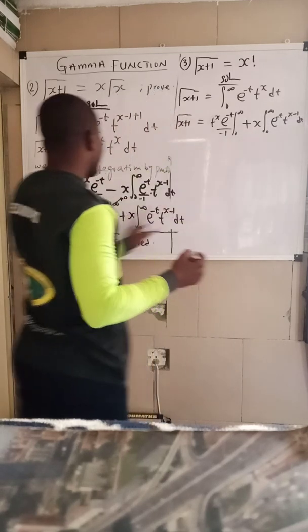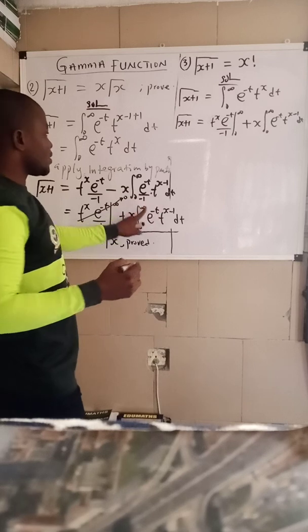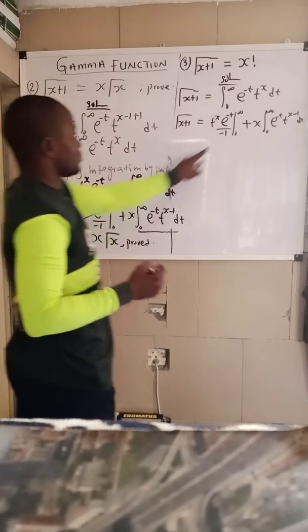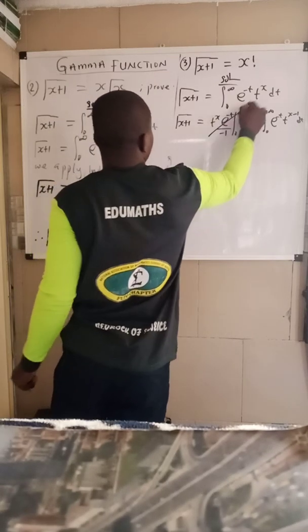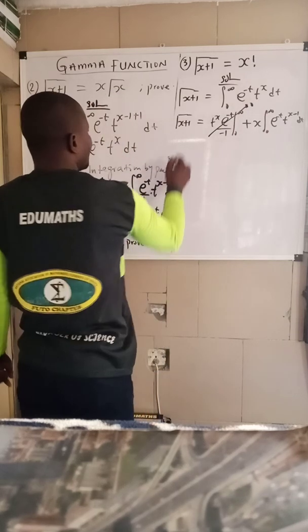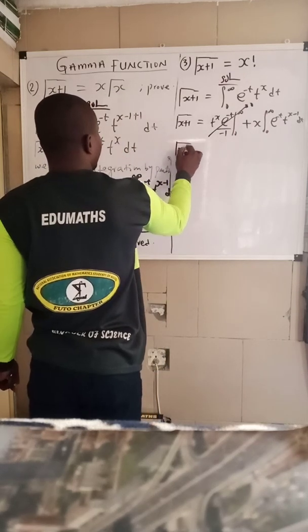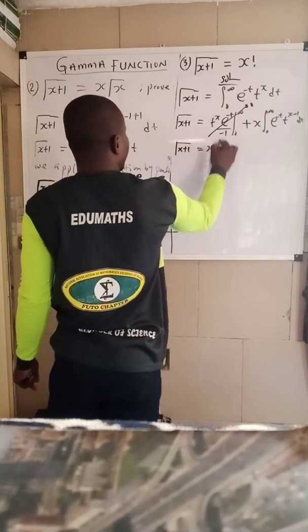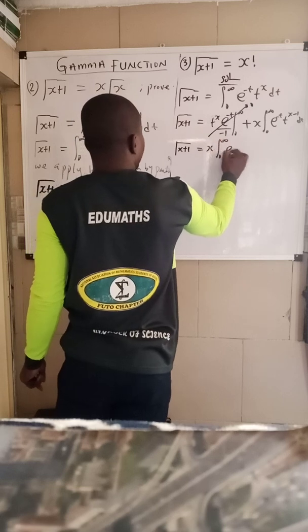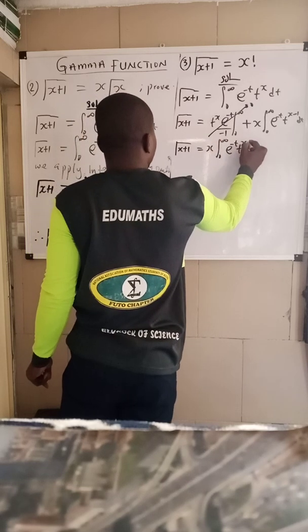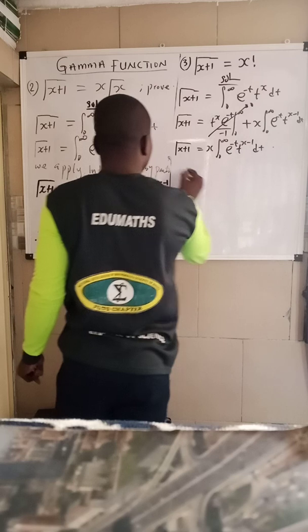I believe you know this. It's gotten from here. When we multiply this, it gives us this minus. So from here, this part will go to 0. So the part I have is gamma of x plus 1 is equal to x integral from 0 to infinity of exponential minus t raised to x minus 1 dt.